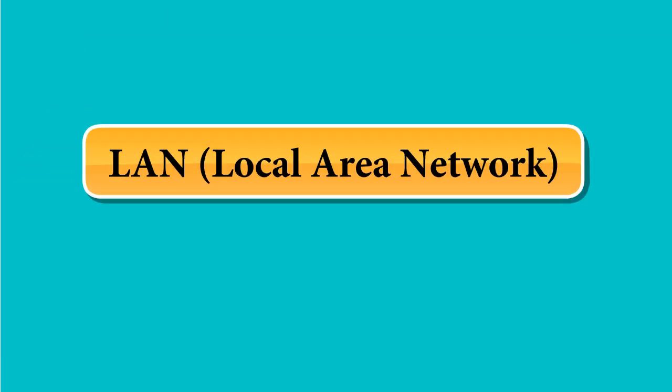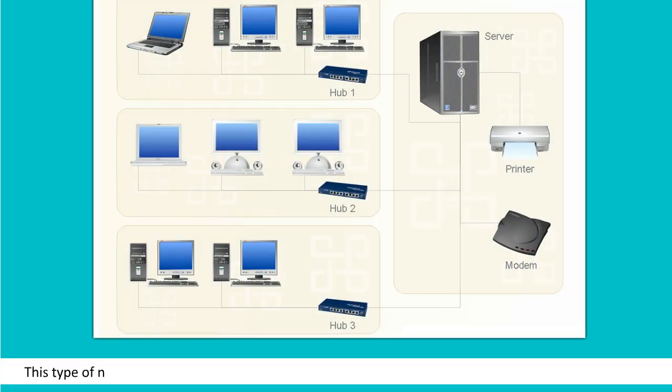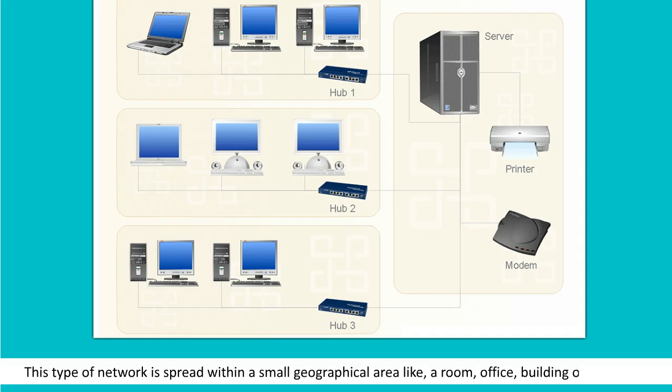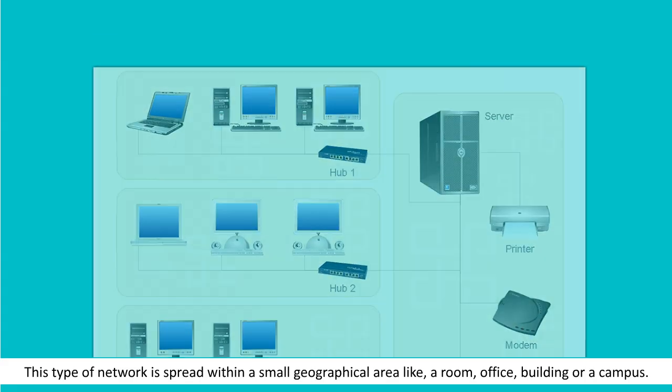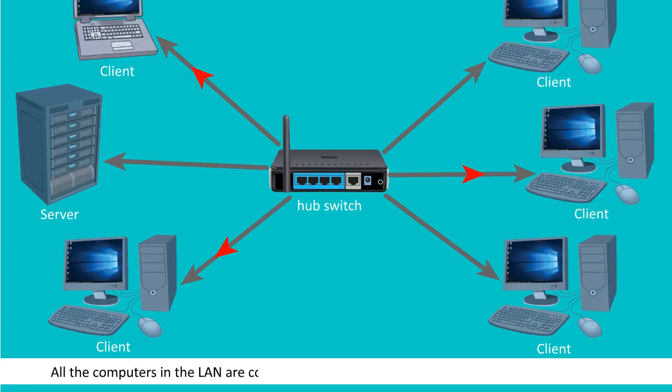LAN or Local Area Network. This type of network is spread within a small geographical area like a room, office, building, or a campus. All the computers in the LAN are connected through cables or wireless links for communication.